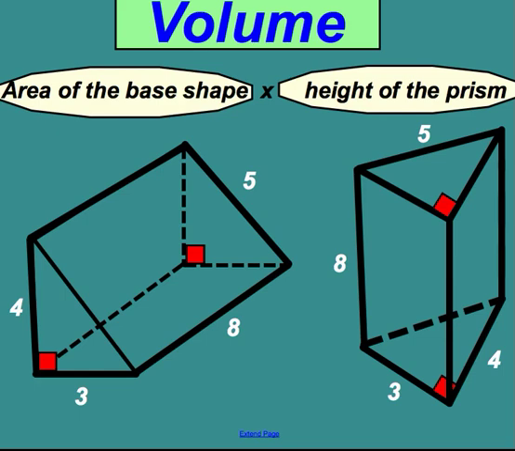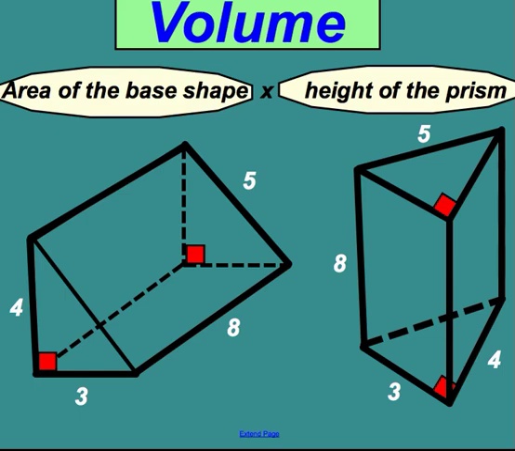In every triangular prism, the base shape is a triangle, by its namesake. The triangles are exactly the same, so we calculate the area of the triangle first, and then multiply it by the height of the prism.